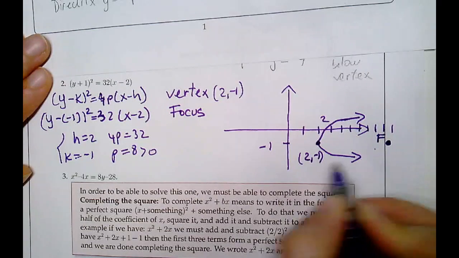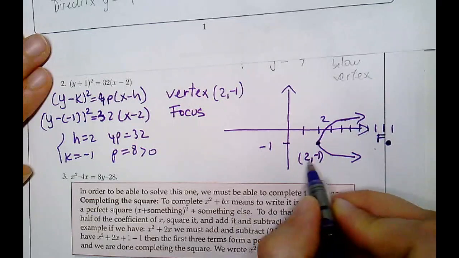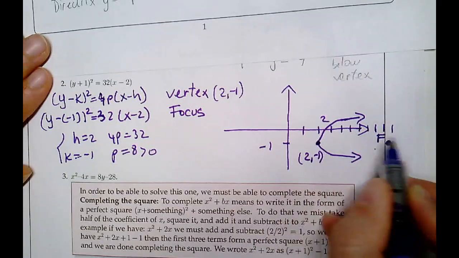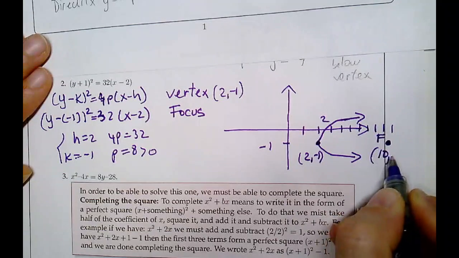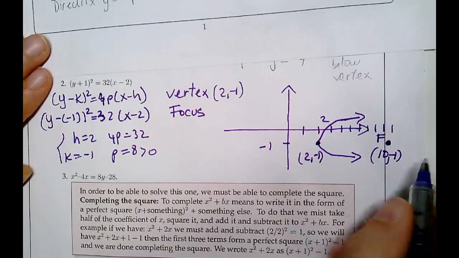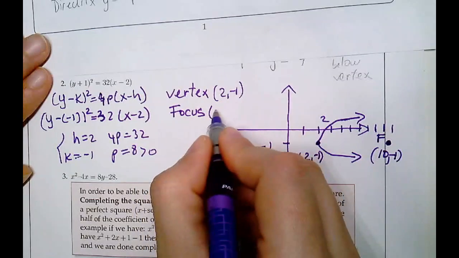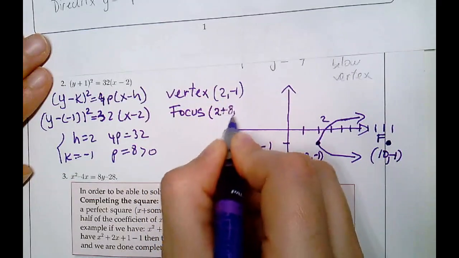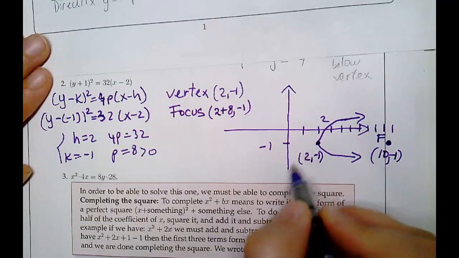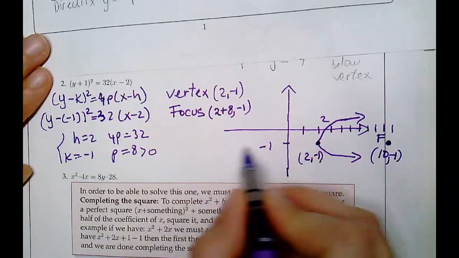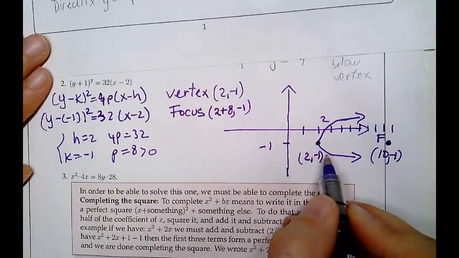So I add 8 to the x coordinate because it moves to the right. So it's going to be 2 plus 8, which is 10, and then the y stays the same. So this is the focus. So it's 2 plus p, and then the y value stays the same. So 10, negative 1.